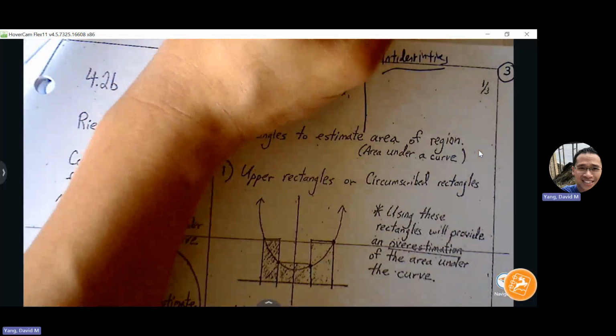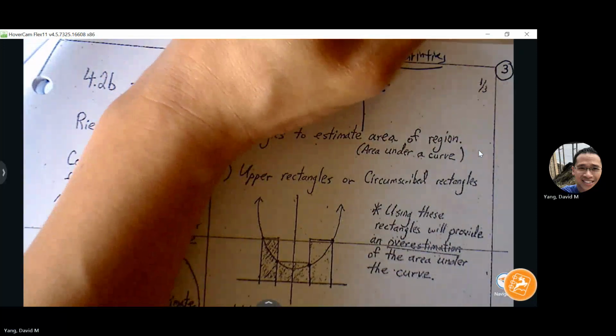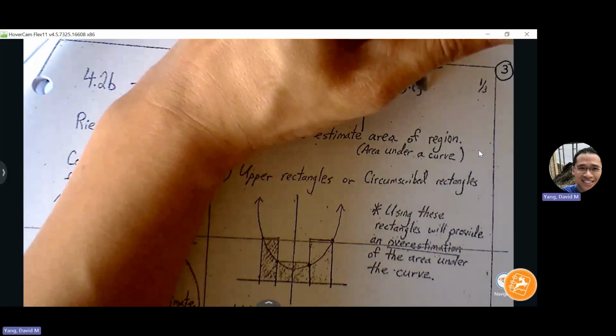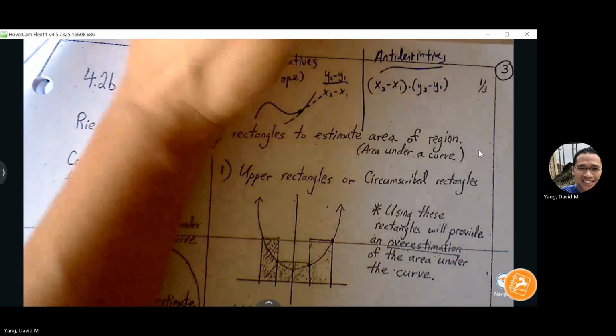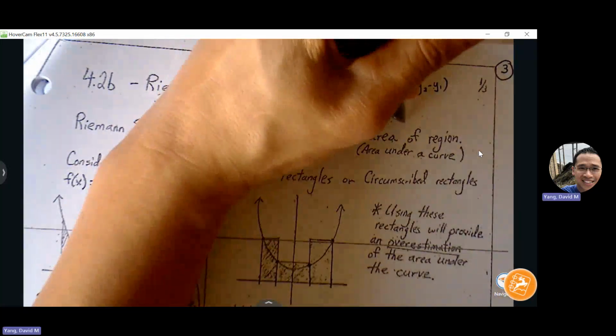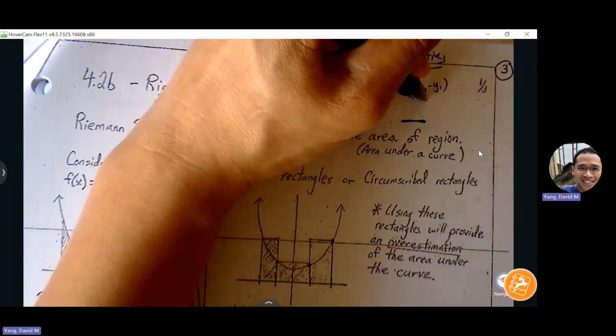So let's say I had x sub 2 minus x sub 1 multiplied by y sub 2 minus y sub 1. So that means this is some change in x multiplied by some change in y.